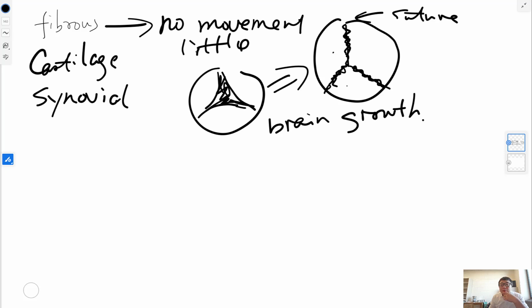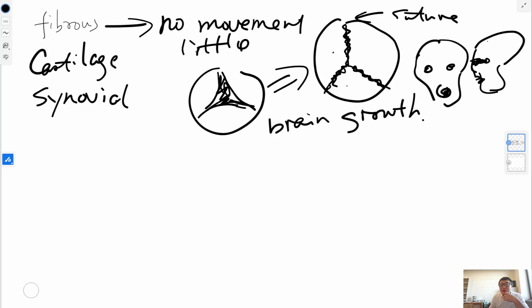In this case the skull becomes weird, maybe an elongated bone, like aliens, whatever. It changes the shape of the skull, but, a big but, the brain growth has a strong power. In most cases, this does not affect intelligence, only the shape of the head.